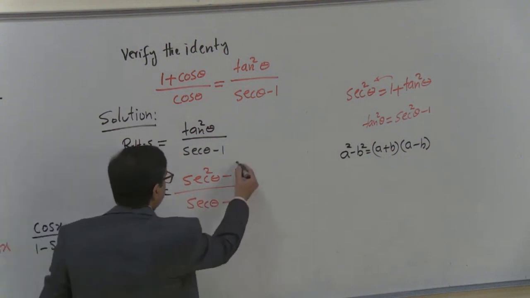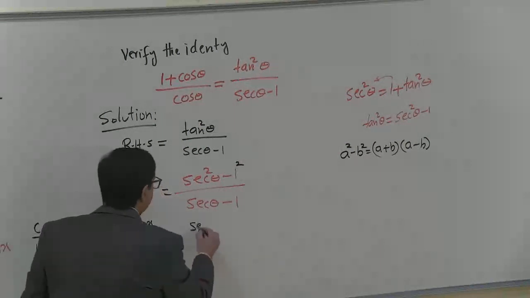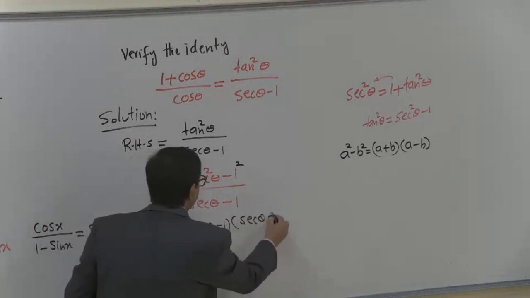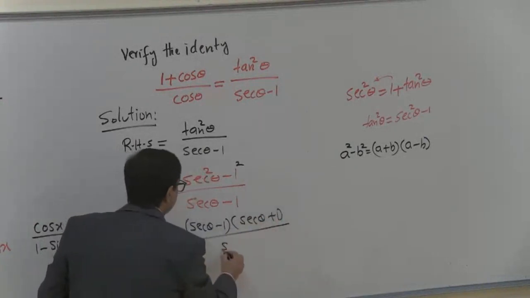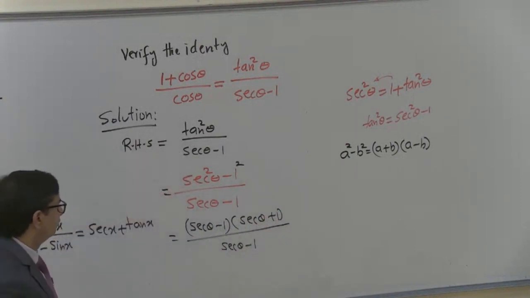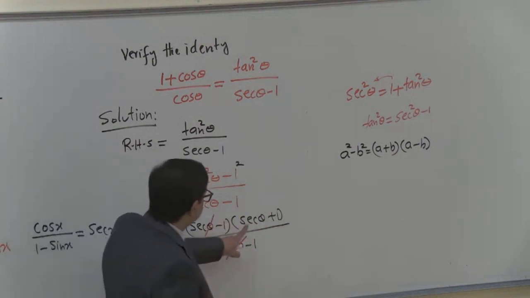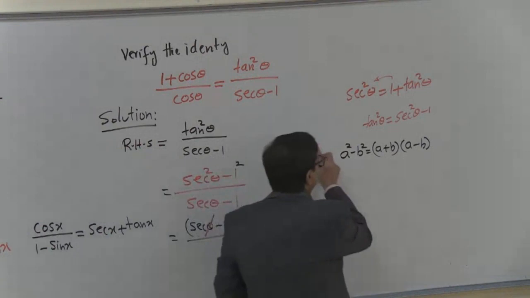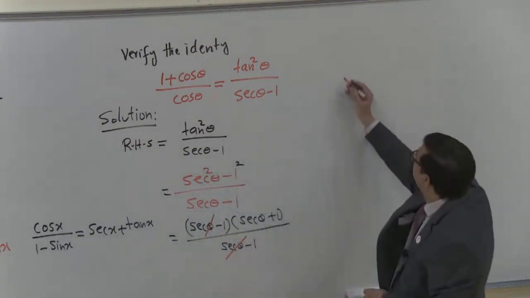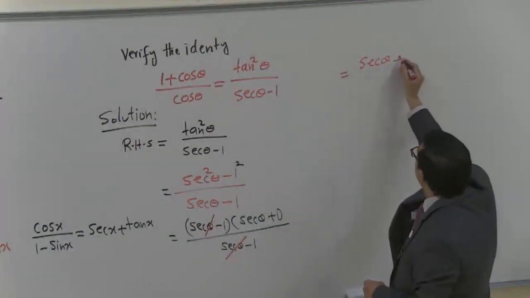You can write 1 as 1 squared. So in the numerator we have secant theta minus 1 times secant theta plus 1 over secant theta minus 1. We can cancel, and we are left with secant theta plus 1.